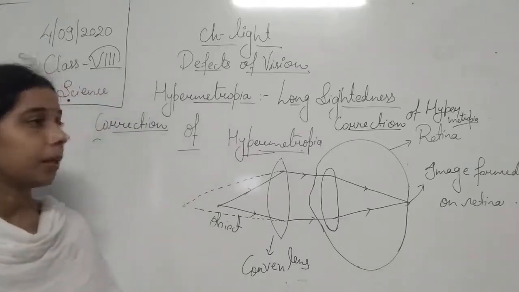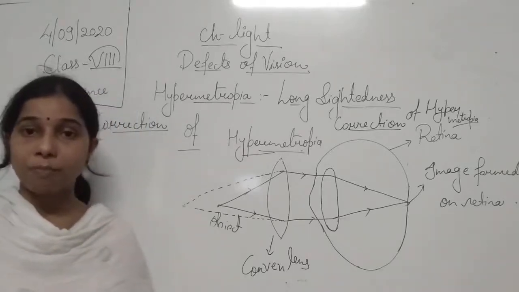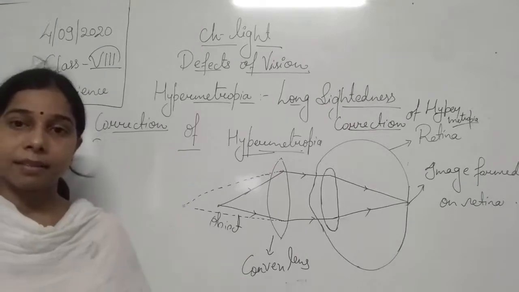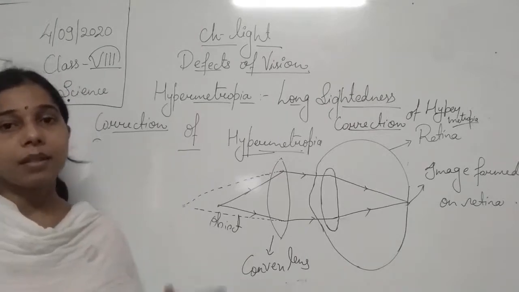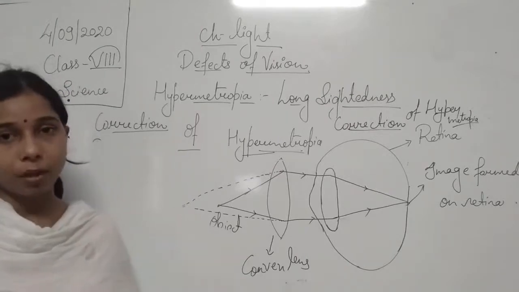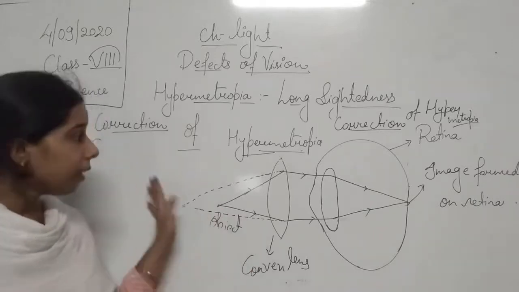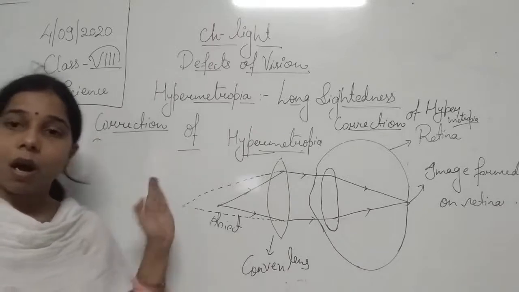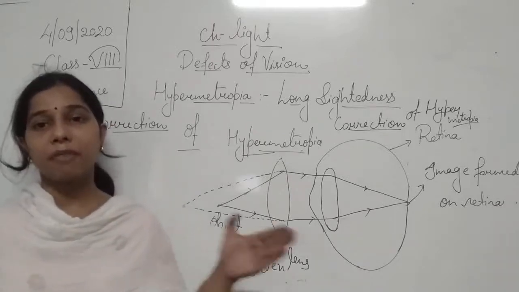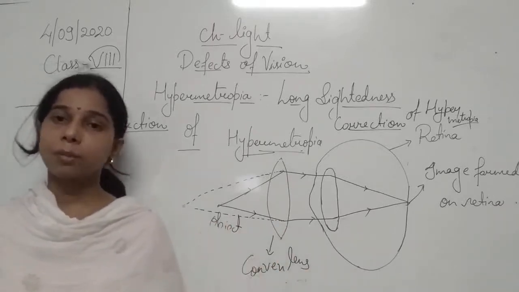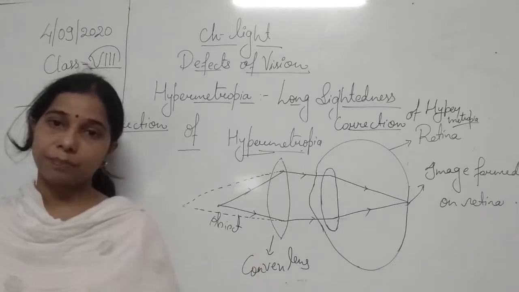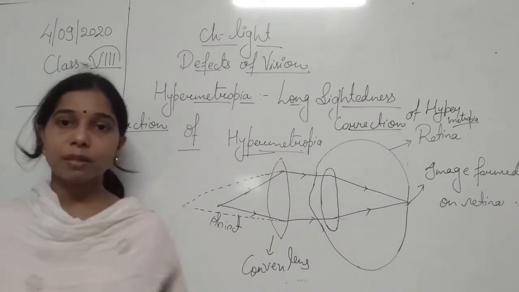So you see here, in case of myopia, it is short-sightedness. It means a person is able to see the nearby object but not able to see the far by object. In case of hypermetropia, a person is able to see the far by object but not able to see the nearby object.